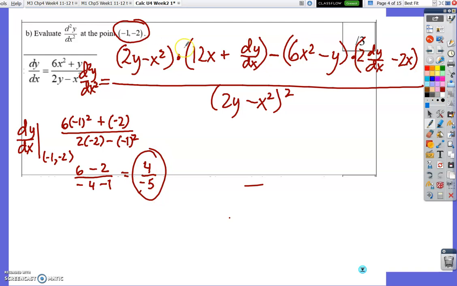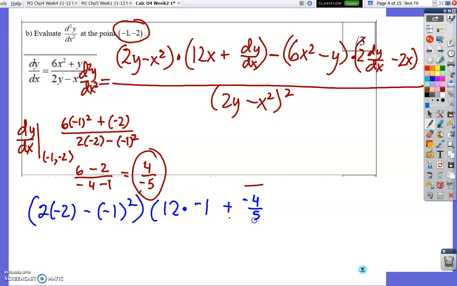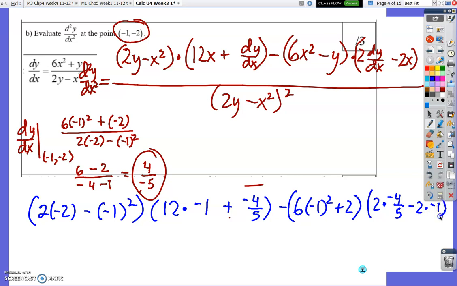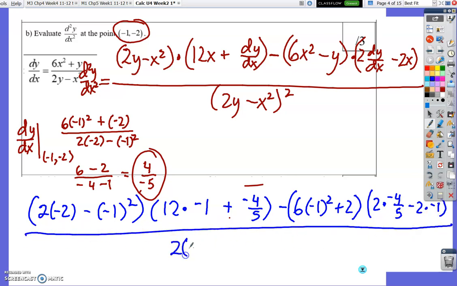Okay. Next, I'm going to go ahead and just plug in the numbers that I saw. 2 times negative 2 minus negative 1 squared, over 12 times negative 1 plus negative 4/5 minus 6 times negative 1 squared, minus negative 2, so plus 2, parentheses 2 times negative 4/5 minus 2 times negative 1, close parentheses, all over 2 times negative 1, negative 2, minus 1, negative 1, squared.